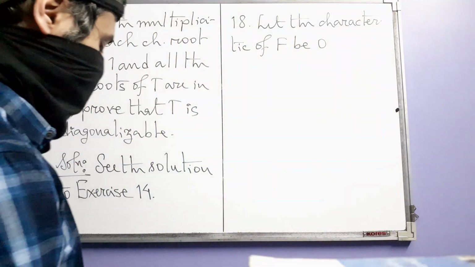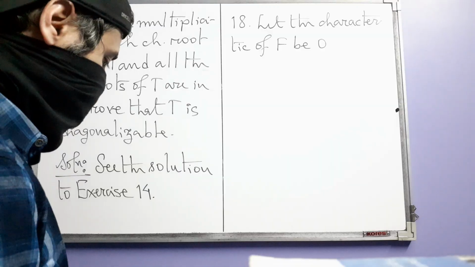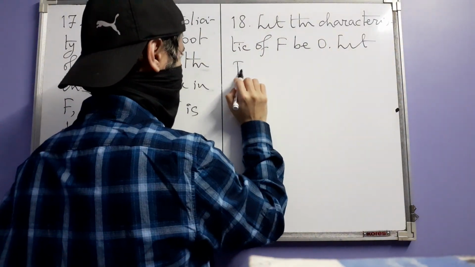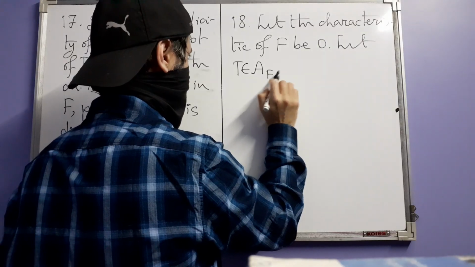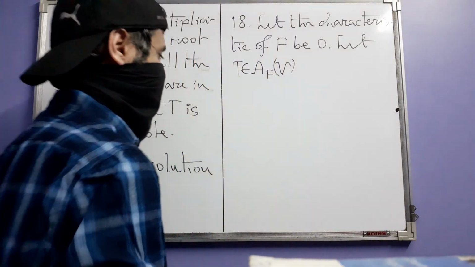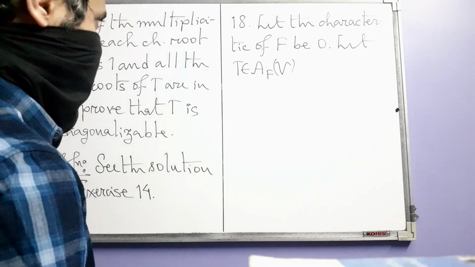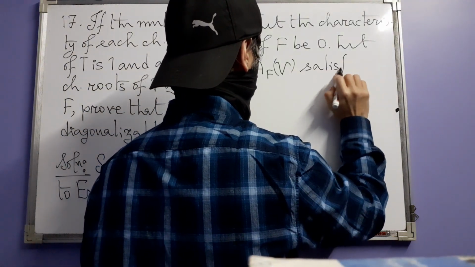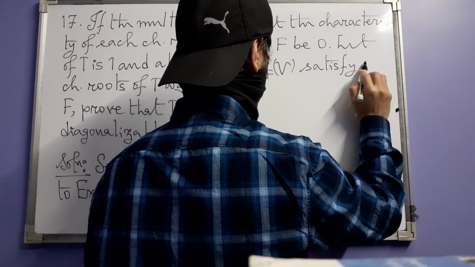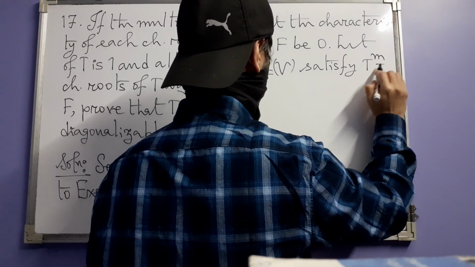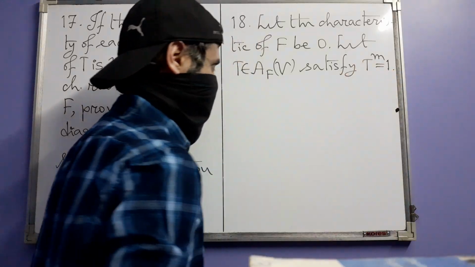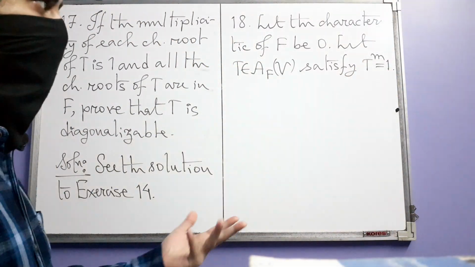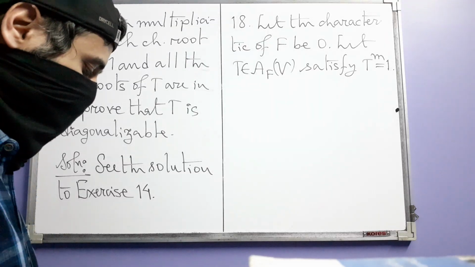So F is a characteristic 0 field. Let T be a linear operator on V over F, and let this satisfy the relation that the mth power of T is equal to 1. 1 of course means the identity operator, and m is some positive integer.